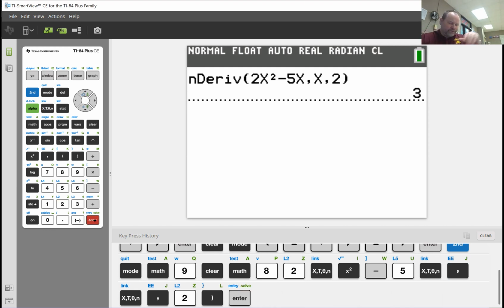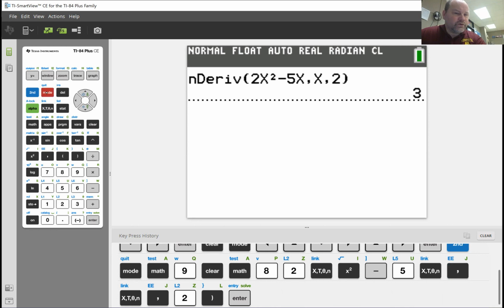Depending upon which calculator you have, you may need to do one or the other. So that's one way, just using the main screen.